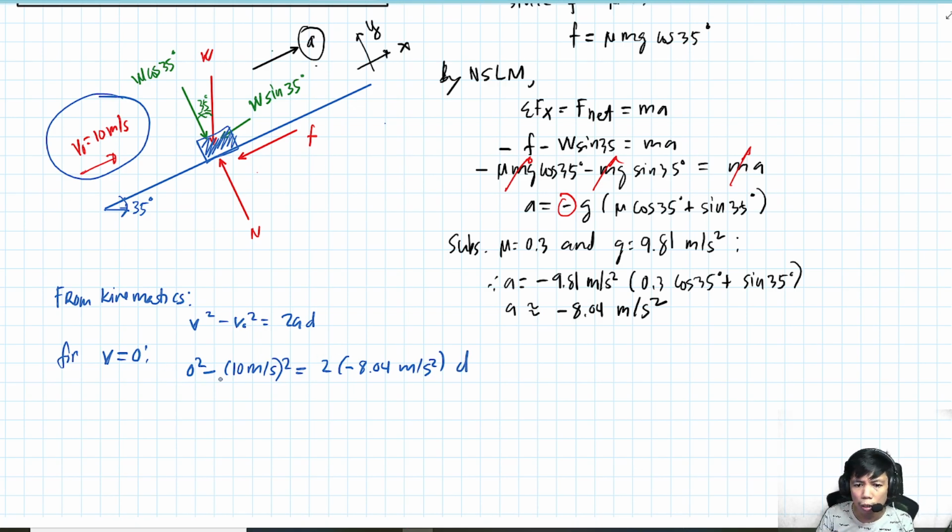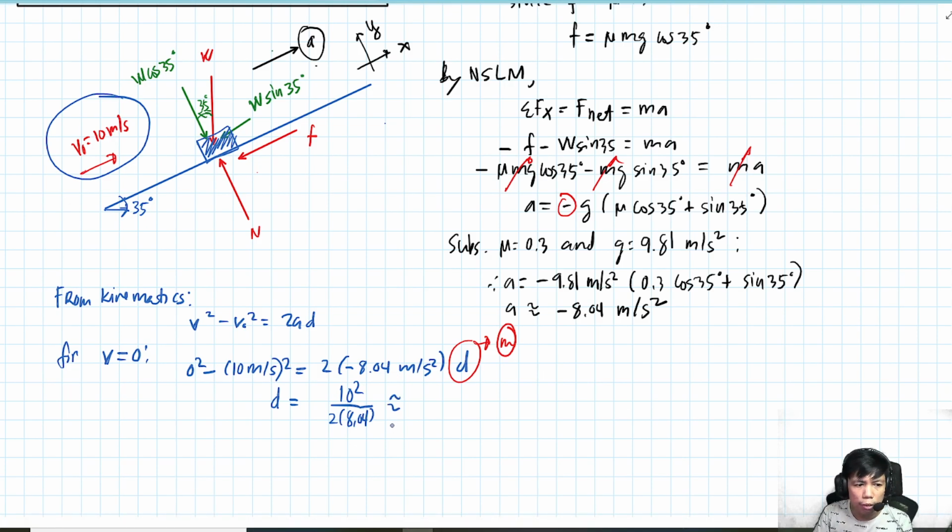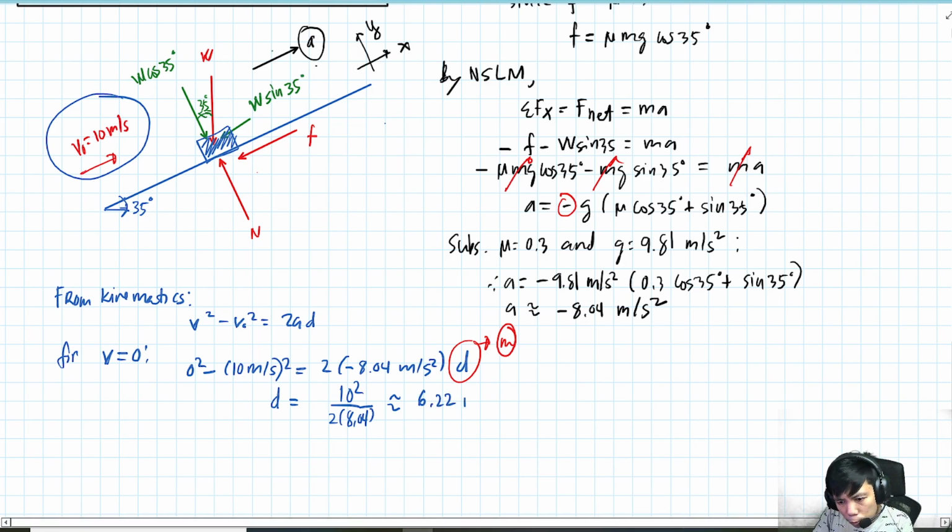So, obviously, the unit of the resulting distance is in meter. Solving for d, meron tayong 10 squared over 2 times 8.04. Ano lang to, divide mo both sides by 2 times 8.04. So, the approximate distance na travel ng ating box before it stops is 6.22 meters.